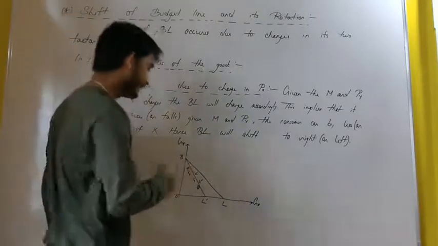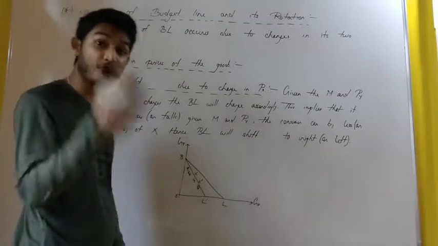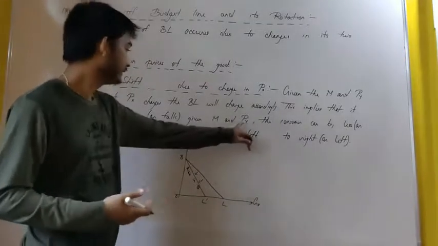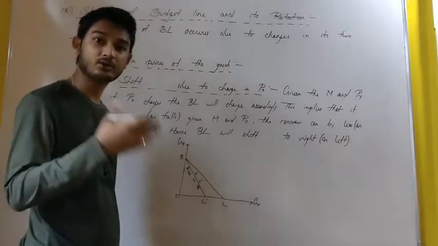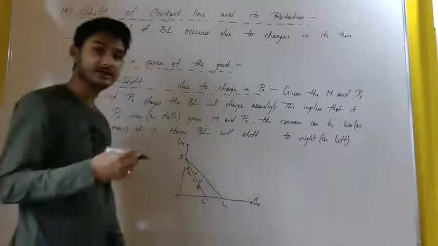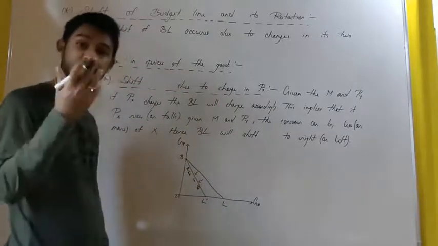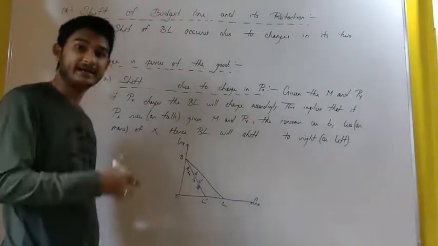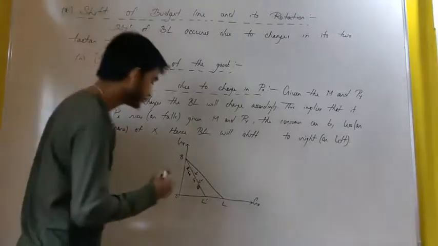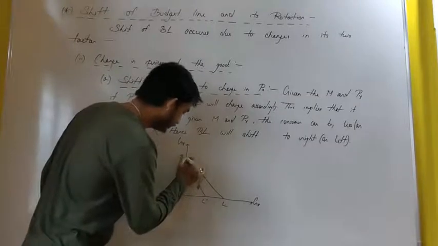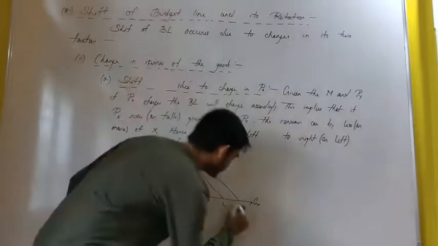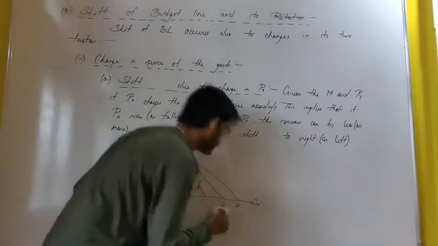And if the price of good X falls, given the income of the consumer and the price of good Y, the consumer can buy more of good X because the price of good X has fallen. It is being reduced, so I can buy more of that particular commodity. As a result, the budget line will move outwards or rightwards, say suppose BL star.